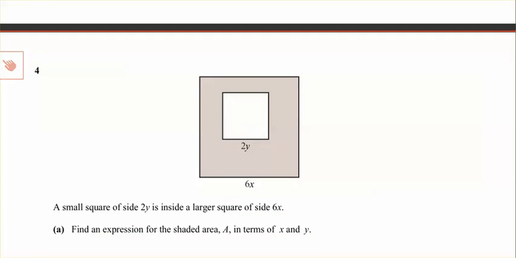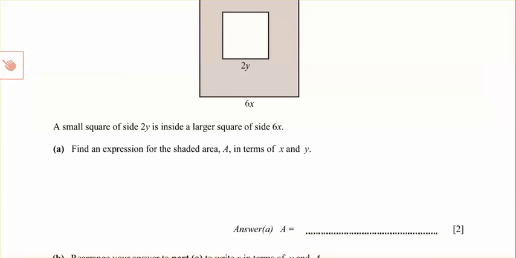Now, this one, guys, lots of people made mistakes here, and it's quite an important mistake not to make. Find an expression for the shaded area. So we know that this area is 2y squared. The shaded one is 6x squared.